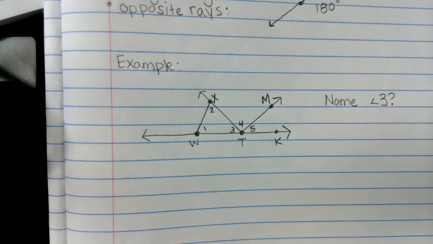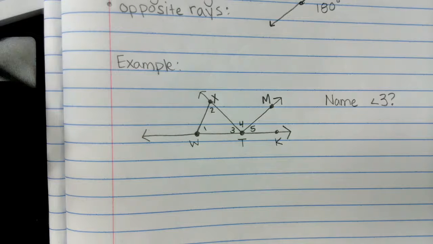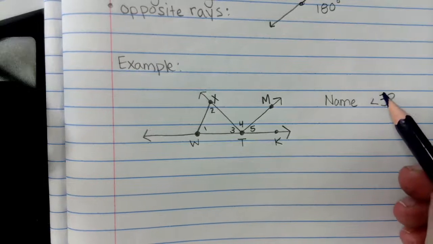And I'm going to grab a colored pencil. So if you would like to grab a colored pencil, feel free. If you want to grab 2 or 3 colored pencils. Alright, so when we see angle 3, I'm going to make it purple.